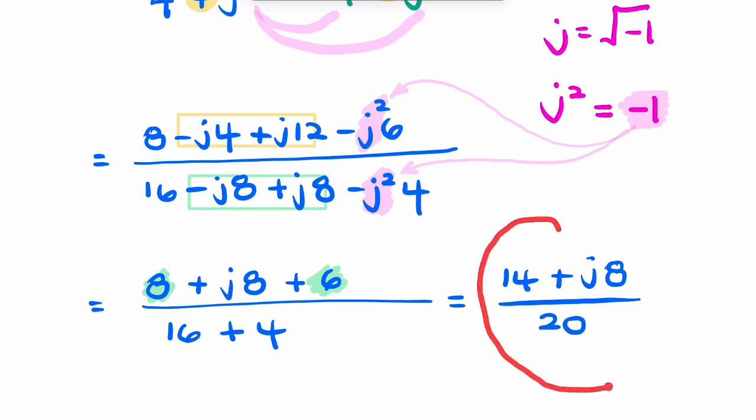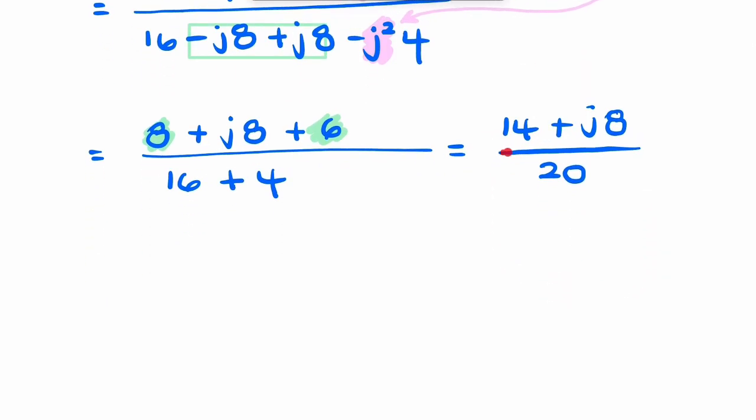So this could be your final answer, except we'd rather not have a fraction bar. We'd rather have a real component plus j and an imaginary component. So what you can do is separate this into 2 fractions. So we can write it as 14 over 20 plus j 8 over 20.